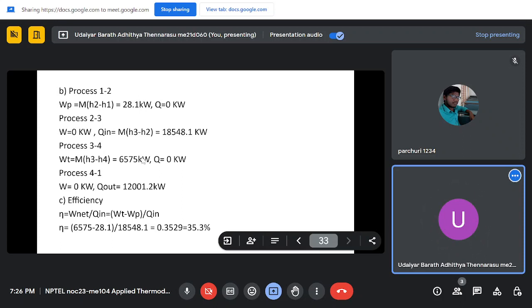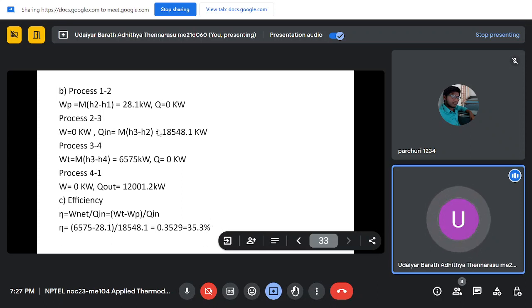You can see you are getting 6,575 kilowatts, but you are consuming only 28.1 kilowatt. So that assumption is fairly valid. So 6575 minus 28.1 will give you W net, and the Q in is 18548 kilowatts. On substitution you'll get the efficiency as 35.3%.